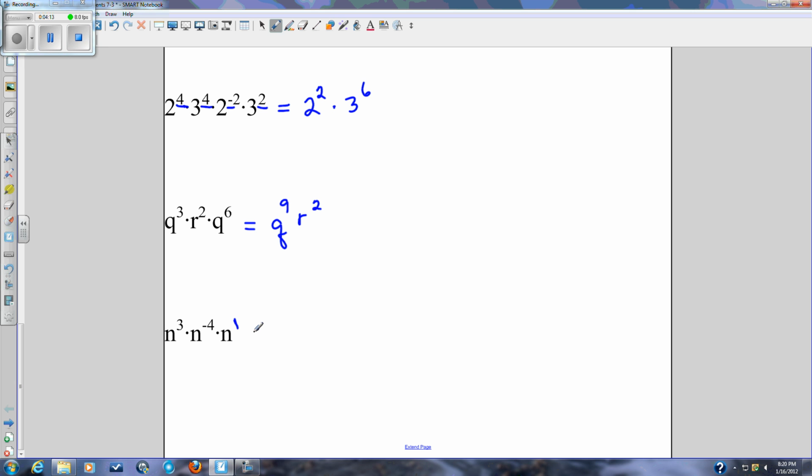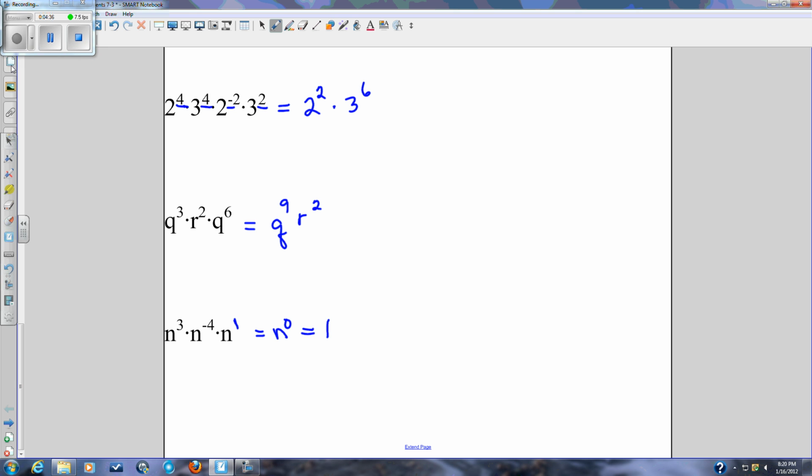There's an exponent of 1 on the n, so we're going to add together the exponents, and if we add 3 plus negative 4 plus 1, we end up with n to the 0 power, and anything raised to the 0 power is 1. So our answer automatically turns into 1.